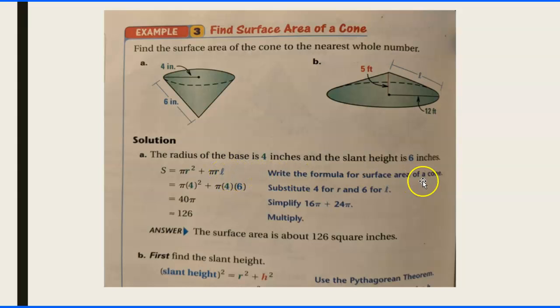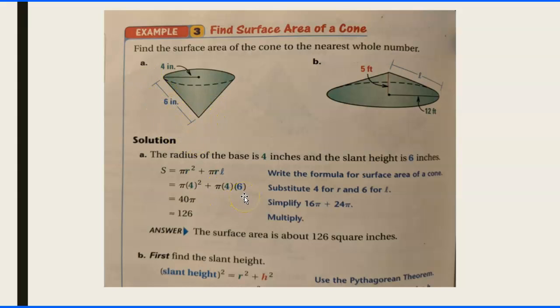So we're going to write the formula. Should be on your index cards. Should be on your paper if you think you're going to get confused. So pi times, here's the 4 radius squared, plus pi again, 3.14, and then times the radius again, times the slant height, which they've told us is 6. You didn't have to find it.